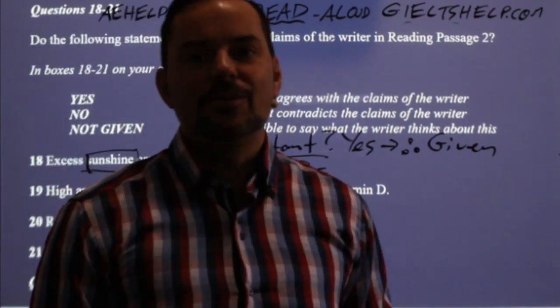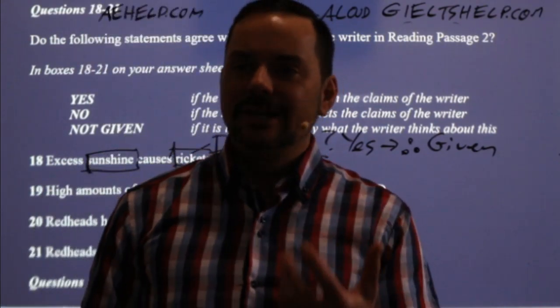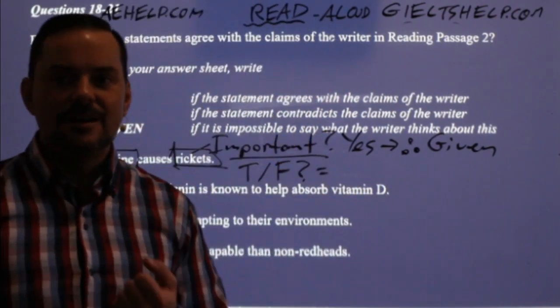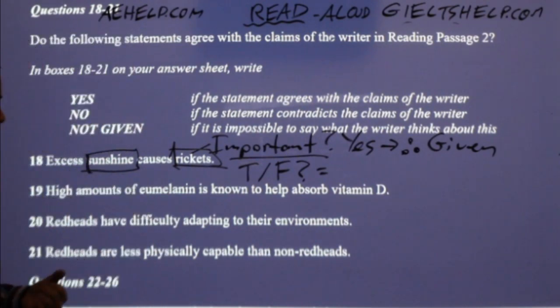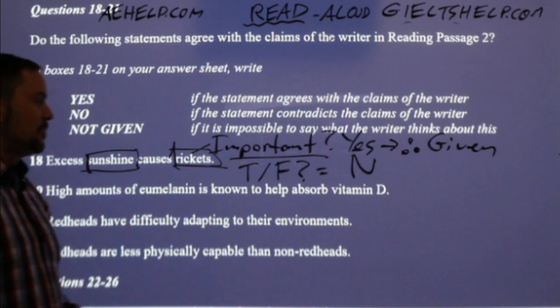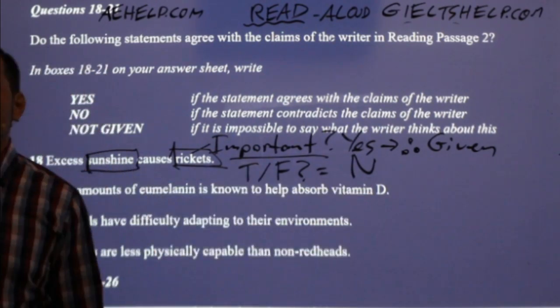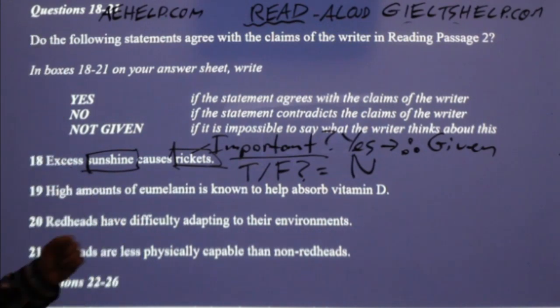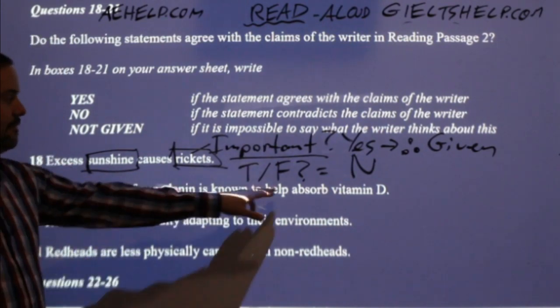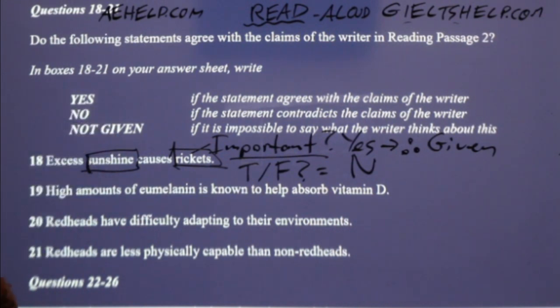Roshni says, no, that's not true. Right, Roshni, because it's the opposite. Too little sunshine, right? So not enough sunshine means not enough vitamin D. Not enough vitamin D means rickets. So the answer is no. I'm not going to search for it, especially knowing that the answer is no. Okay? So one really important tip, students, don't write false, write no, because it's a yes, no, not given. Okay?